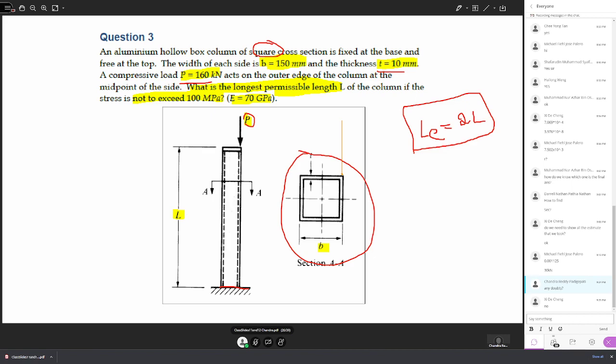Now, what is the longest permissible length L of the column if the stress is not to exceed 100 megapascals? So here what is given, the stress is not to exceed 100 megapascals. So sigma max is given as 100 megapascals. So there is no safety factor involved. So therefore, we can use the sigma max as 100 megapascals.